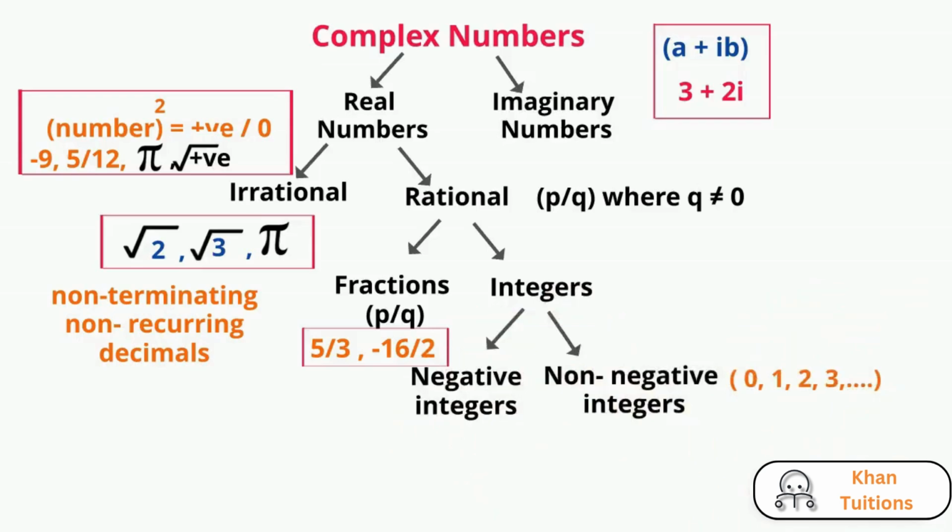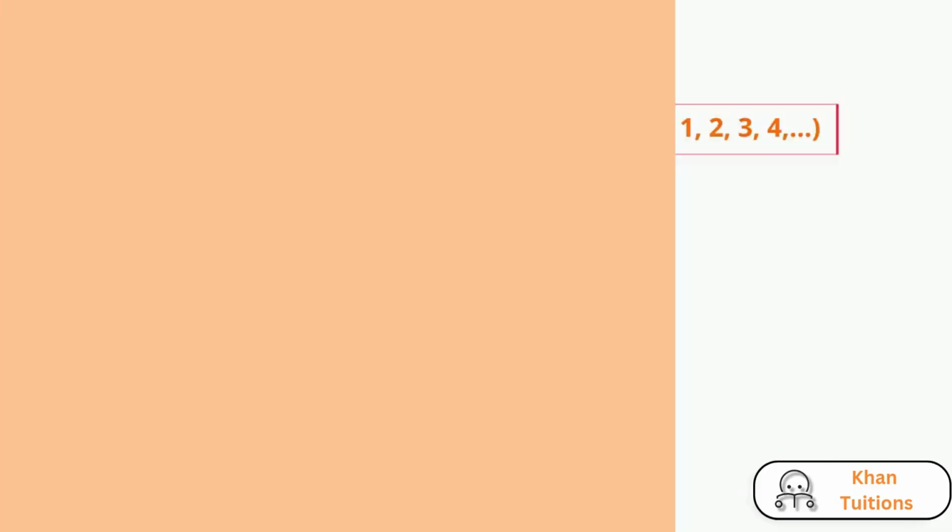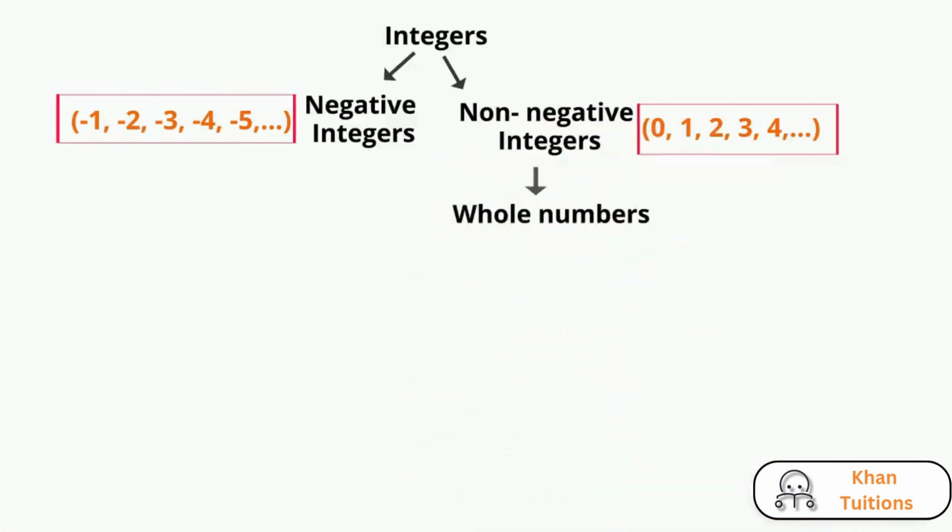Negative integers are numbers like negative 1, negative 2, negative 3, and so on, while non-negative integers are 0, 1, 2, 3, and so on. These non-negative integers are also called whole numbers.